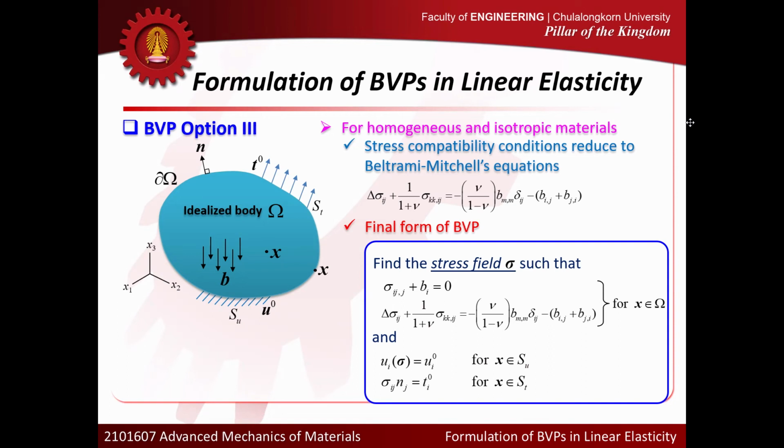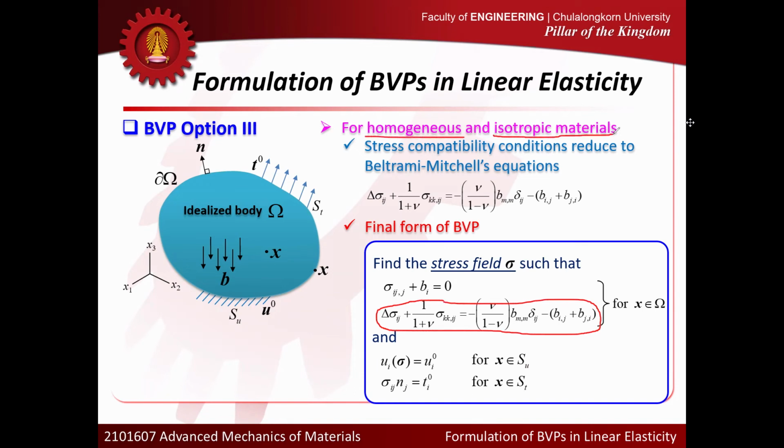And this one is applicable only for the case of homogeneous and isotropic materials. The reason is the Beltrami-Mitchell equation that I showed you here. This is applicable only for homogeneous and isotropic material.